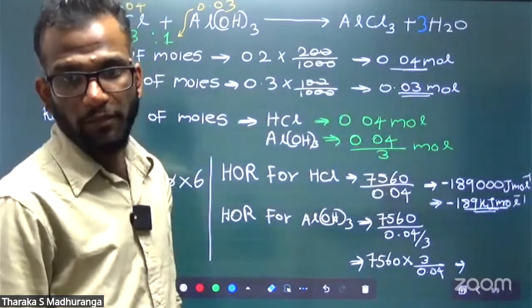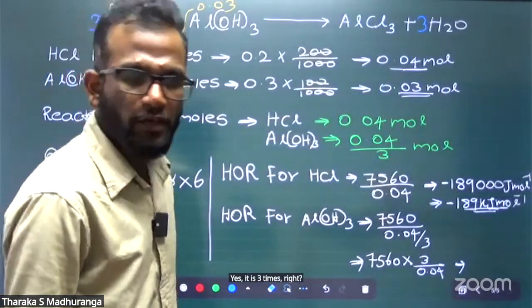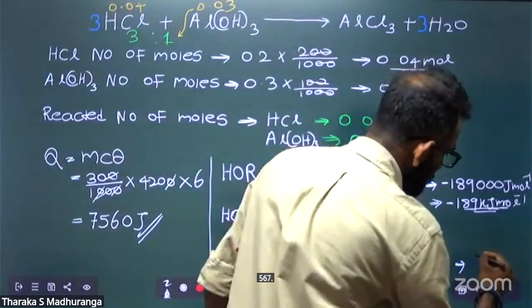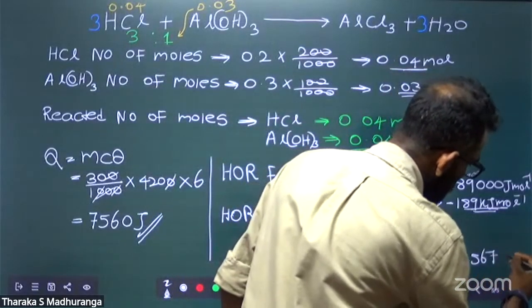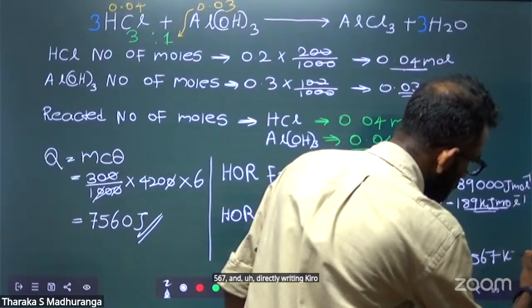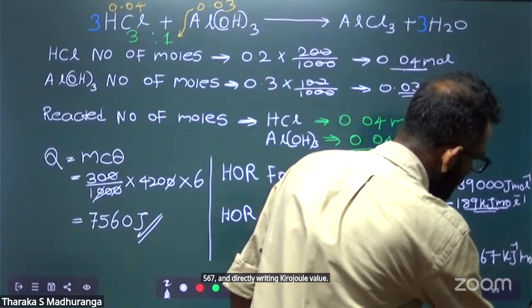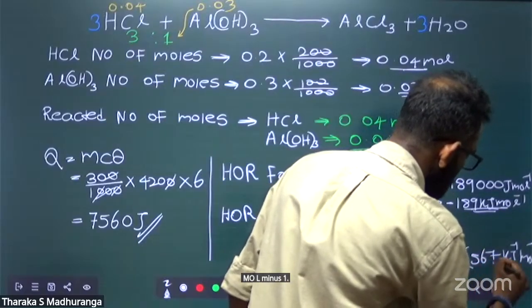Yes, it is 3 times, right? 567, and directly writing the kilojoule value, minus 567 kJ mol minus 1.